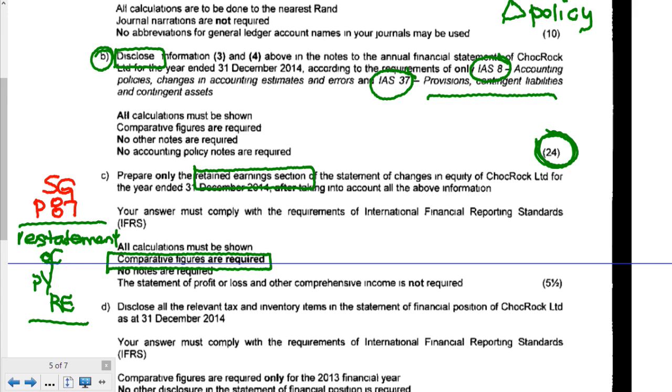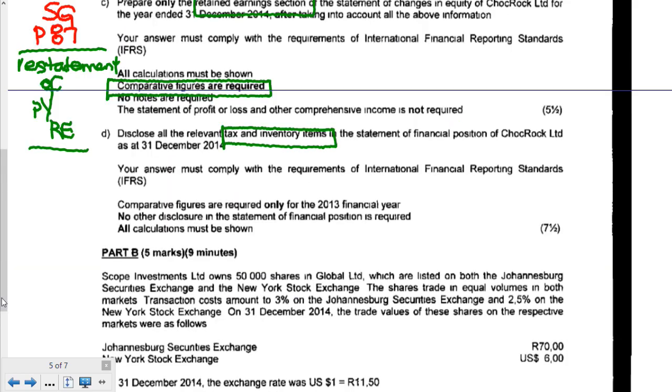So that's 5 marks. And then they ask you to disclose all the relevant tax and inventory items. That's funny. Did we do inventory in this module? No, huh? That's very strange.